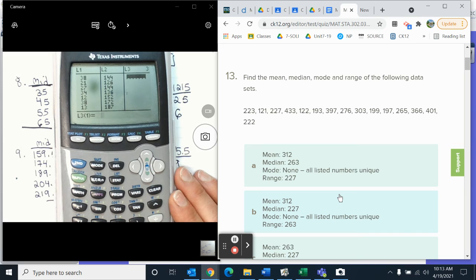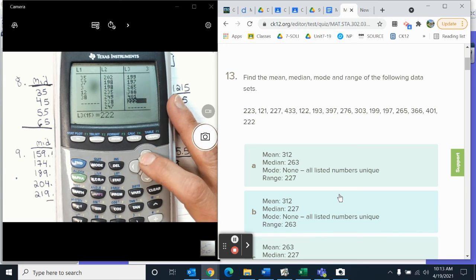So I'm just going to enter in the data. 223, 121, 227, 433, 122, 193, 397, 276, 303, 199, 197, 265, 366, 401, and 222. So we have 15 pieces of data.